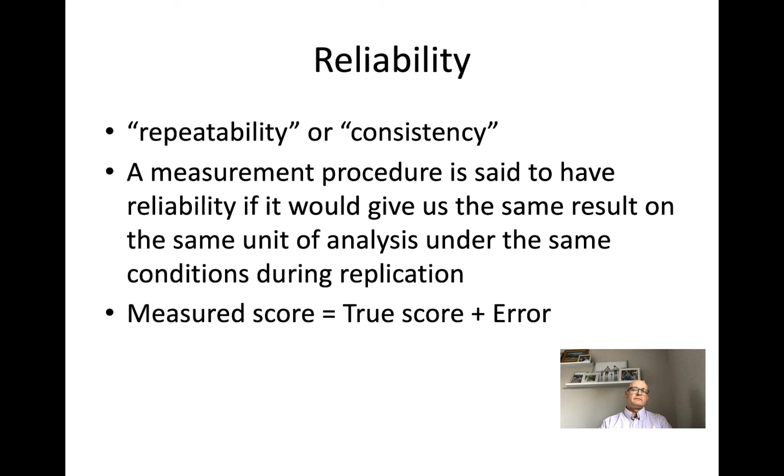They're affected by heat. They all have different things. The markings could be slightly wrong. So we have to recognize that the measured score that we get represents the truth plus probably a little bit of error. And a reliable measure will minimize the amount of error and consistently try and get us closer to the true score.